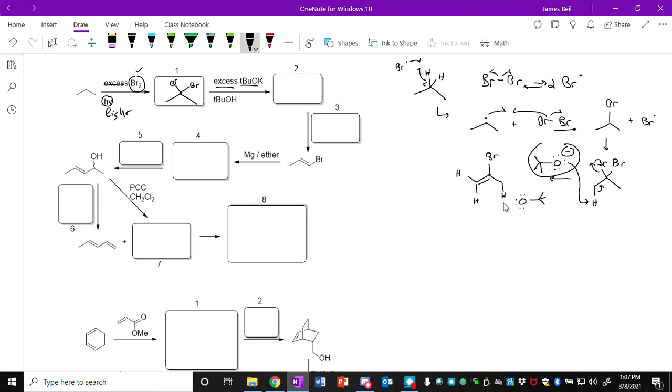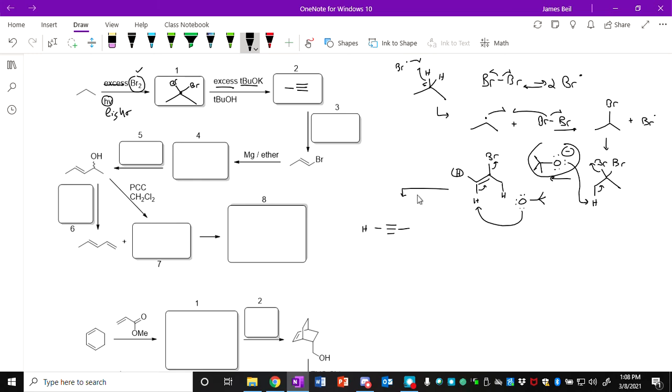So what I expect here to occur, the most likely thing to occur would be the picking off of this proton to form a triple bond there to push out that Br. So that would produce this structure here. And there'd still be one hydrogen on there, which I could show if I wanted.